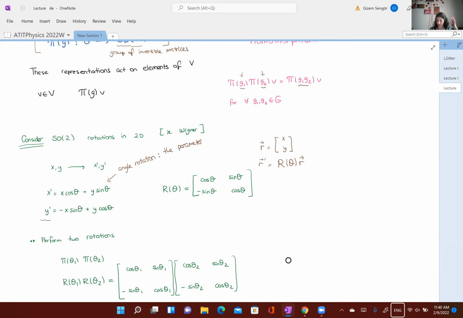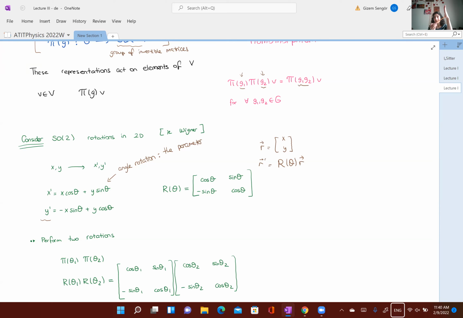So is this a representation? That's the first thing to ask. It's a matrix, we were expecting a matrix, fine. But does this preserve structure? That means if I perform 2 rotations. Now, what do I know about performing 2 rotations? I rotated starting from here by an angle theta 1, my first rotation, and then I rotated once more, my second rotation, by another angle theta 2.